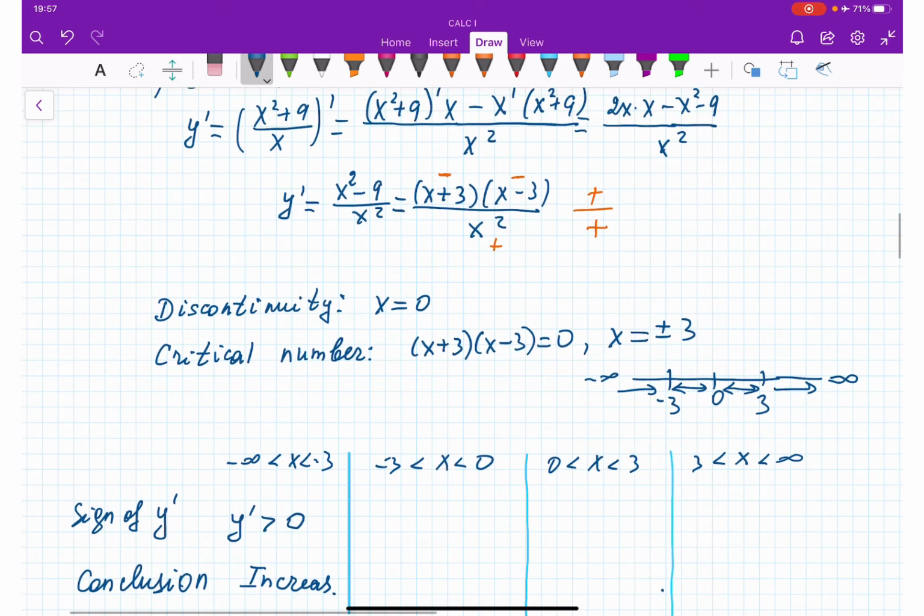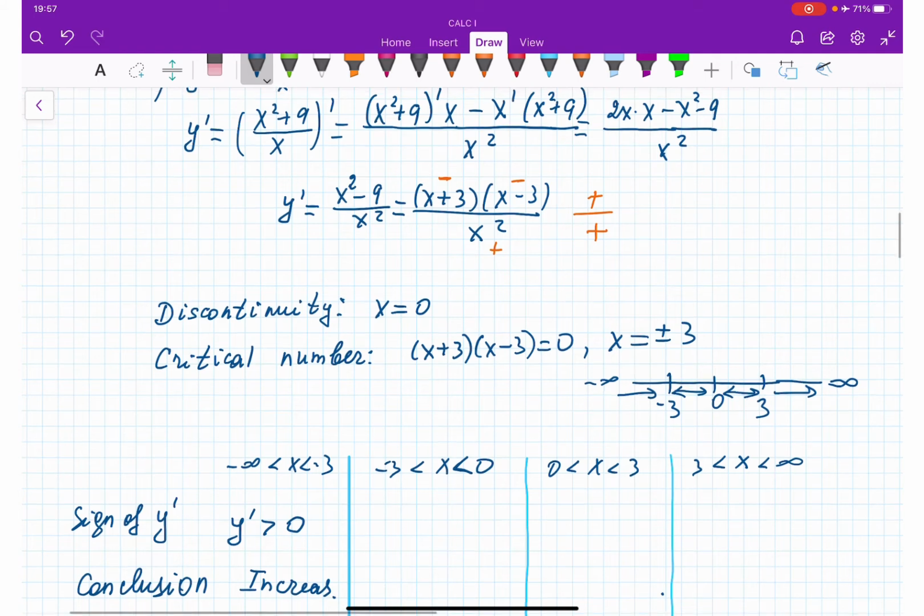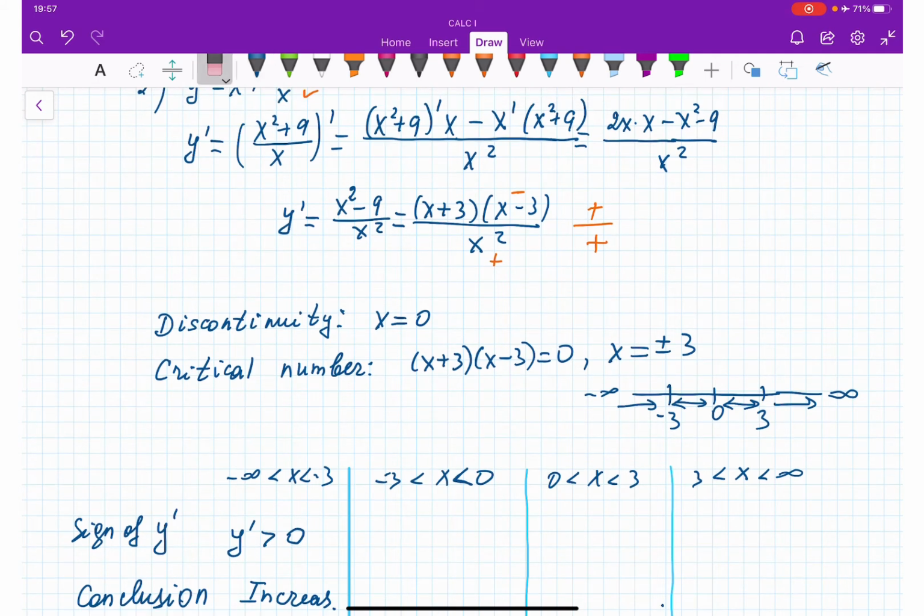Now we need to take between negative 3 and 0. Well, let's take negative 2. Let me clean this. We go over again. Negative 2. If we take negative 2, this is going to be positive, right? If we take negative 2, this is going to be negative.